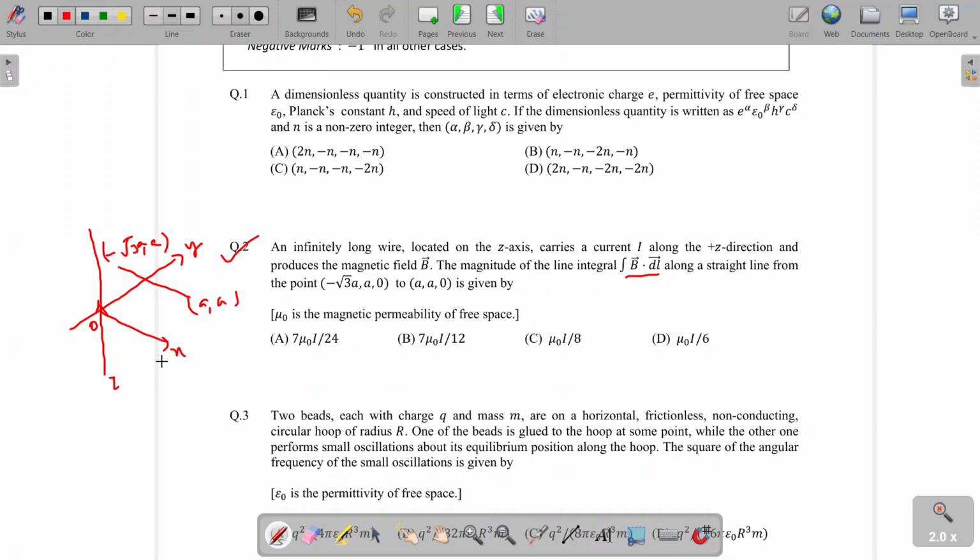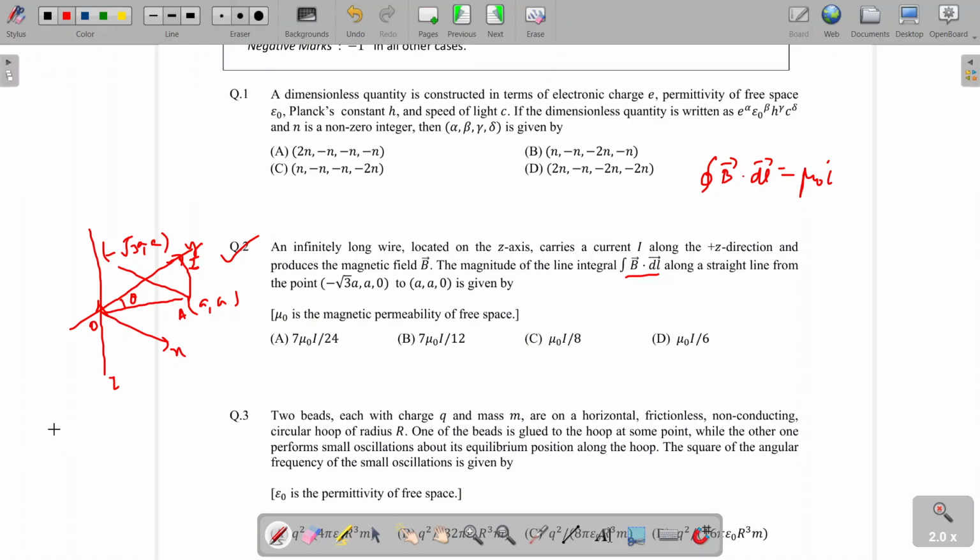It is a tricky one, but can be done if we know some simple rules: the integral of B dot dl is equal to mu naught I. So if I can form a path along these two points or along some intermediate point, let's say this point, the intermediate point I, and this is the starting point A. So AI is some kind of curve centered at the origin, subtending an angle theta.